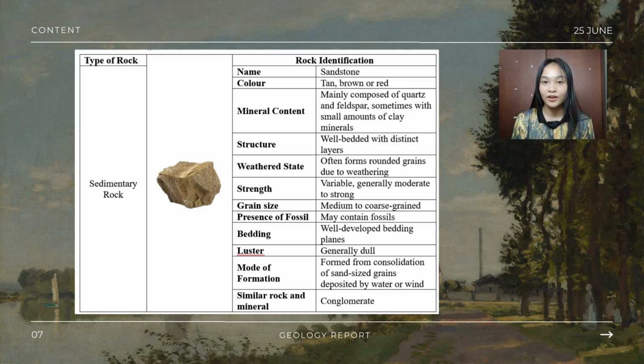Its strength is variable, ranging from moderate to strong, and it is usually medium to coarse-grained, sometimes containing fossils. Sandstone has well-developed bedding planes and generally dull luster. It is formed from the consolidation of sand-sized grains deposited by water or wind. A similar rock is conglomerate, which also has rounded grains but larger in size.